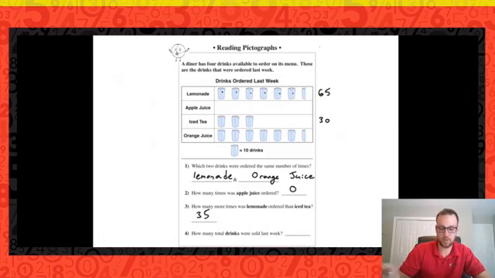So how many total drinks were sold last week? So now we need to figure out how many times orange juice was sold. And we already know, based on number 1, that the same amount of orange juice and lemonade were sold. So if lemonade was 65, that also means orange juice was 65. So how many drinks in total were sold last week?